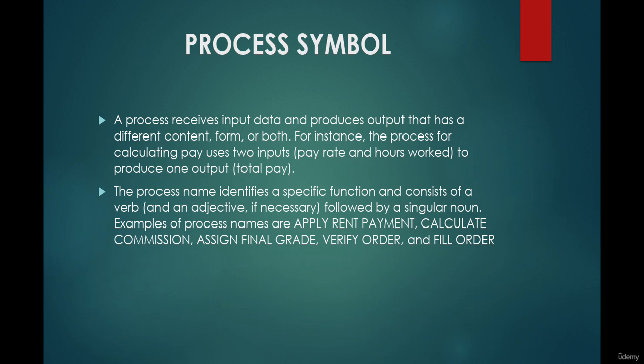The process name identifies a specific function and consists of a verb and an adjective if necessary, followed by a singular noun. Examples of process names are apply rent payment, calculate commission, assign final grade, verify order, and fill order.